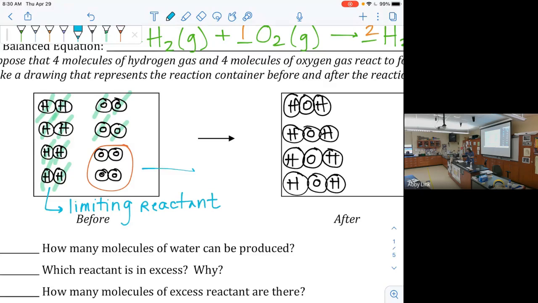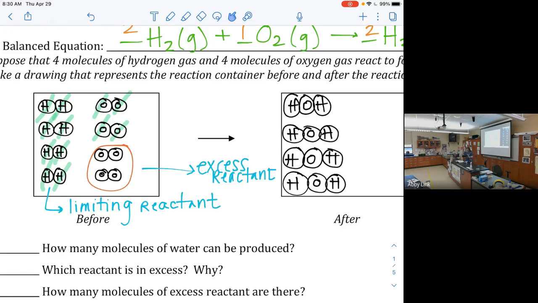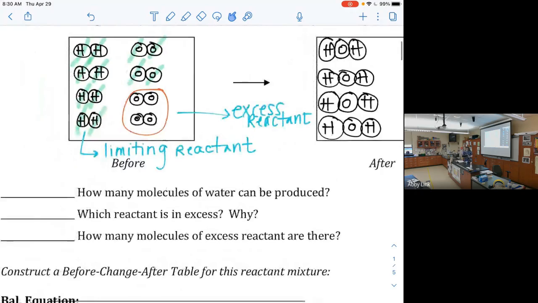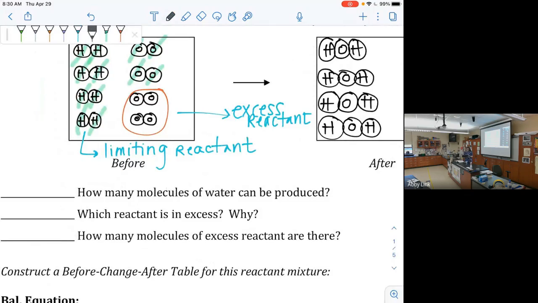And oxygen, because we have some left over, we are going to call this our excess reactant. Remember that excess word from before? Yeah. All right, so let's answer these questions here just to kind of solidify some things.